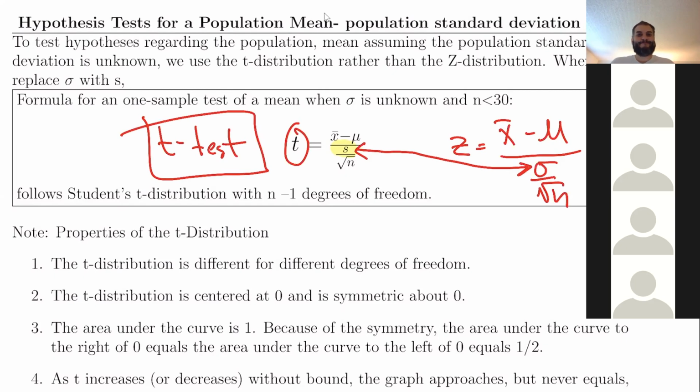Just remember, in order to use the z-distribution, you need the population standard deviation. In order to use the t-test, you need a sample standard deviation. If the only thing given to you is the sample standard deviation, you use the t-test. If you're given both the sample and the population standard deviation, you always go with the population standard deviation.